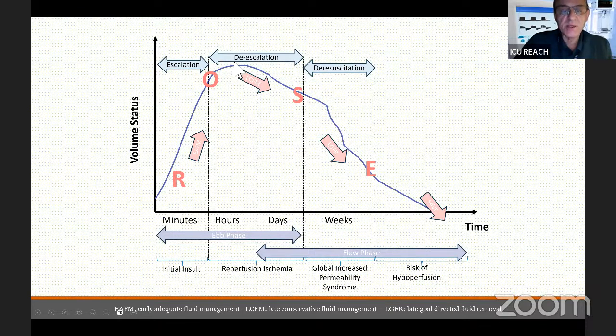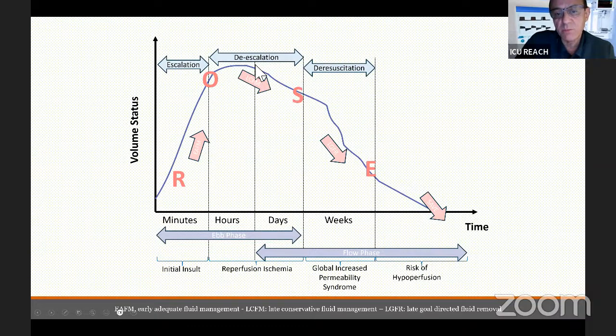This is the optimization. Perfusion is restored. You have reperfusion ischemia on the organs, and the management of the fluid would be with the late conservative fluid management. And then you enter the stabilization phase, and you can see how we lost some fluid here.